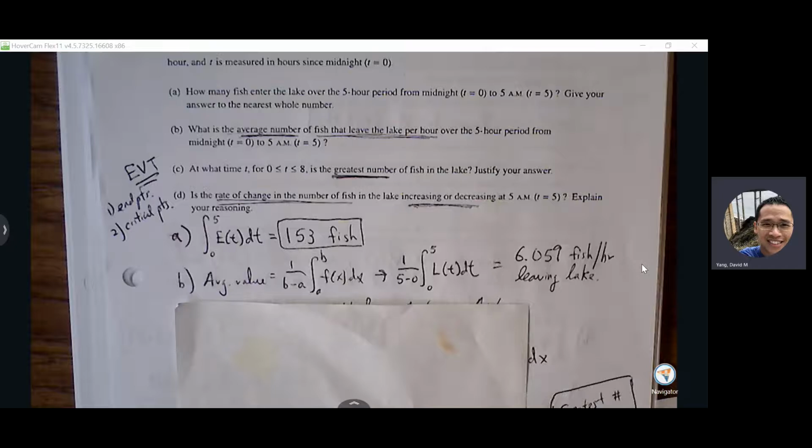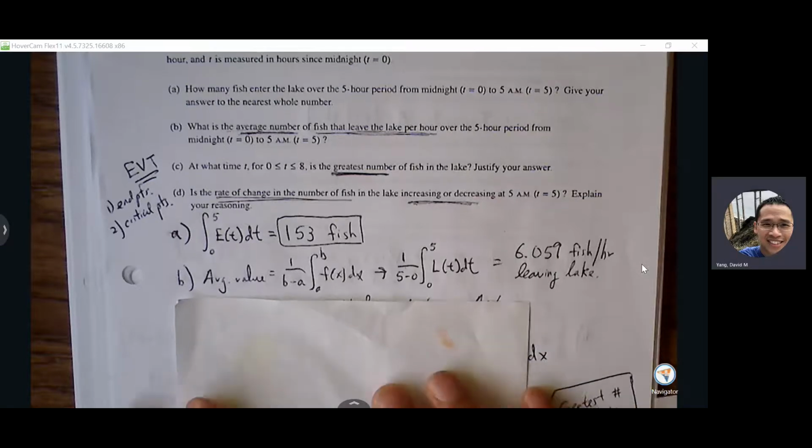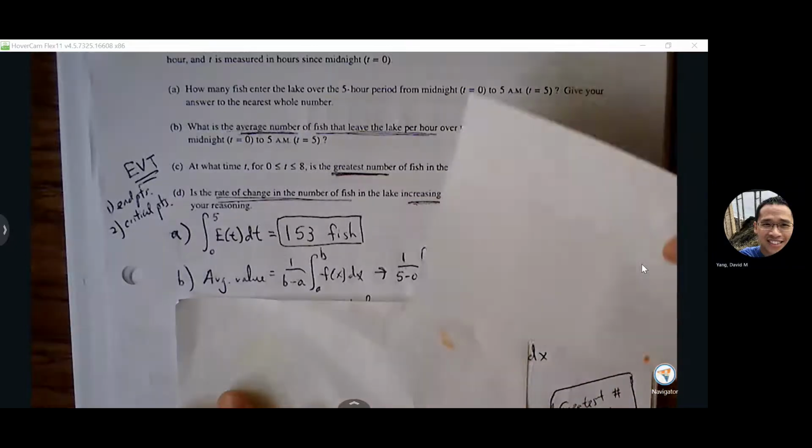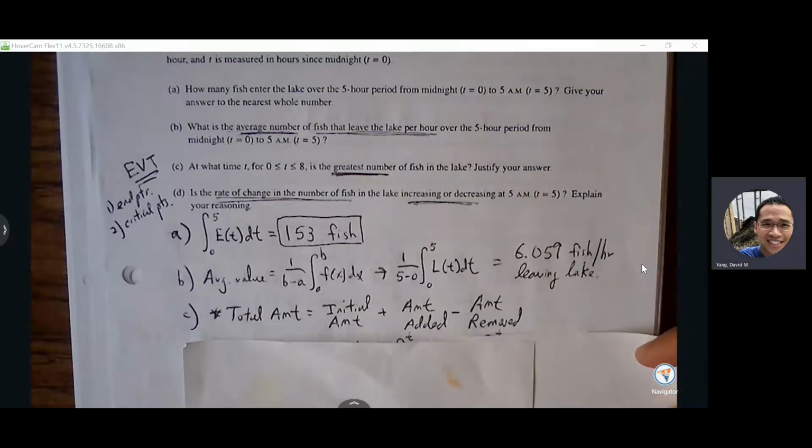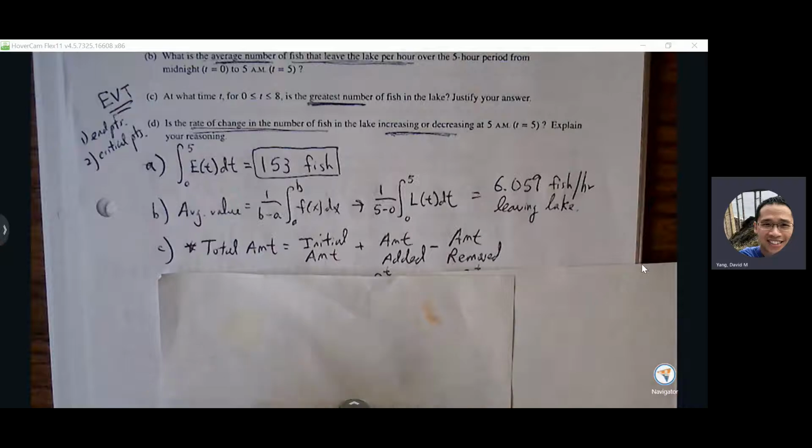Remember the problems involving people entering and leaving an amusement park, sand being added or removed from the beach, right? We use this formula over and over again here. So total amount is initial amount plus amount added minus amount removed. This allows us to keep track of all these moving parts.